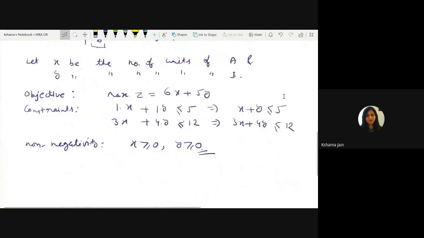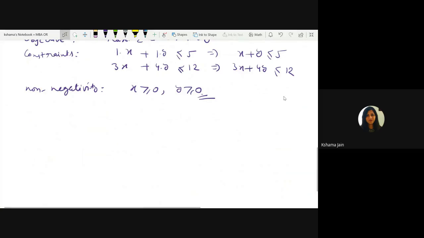Let's start with this. First, anybody will tell me what should I assume now as the variables? X and Y. Wheat is X, and barley is Y. Okay. We will not assume the quantity of wheat.